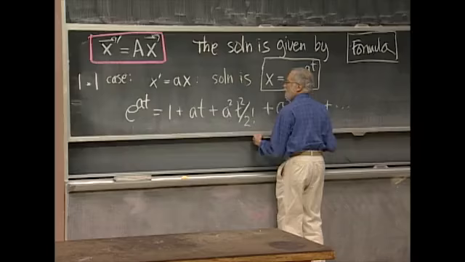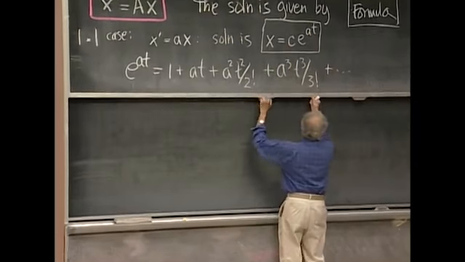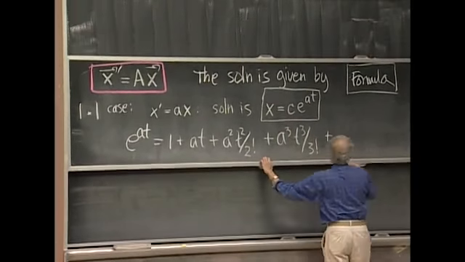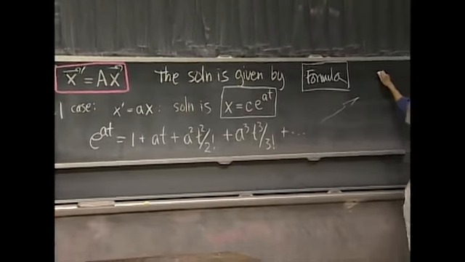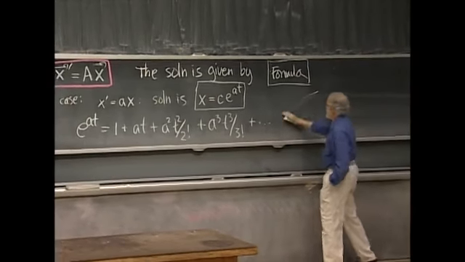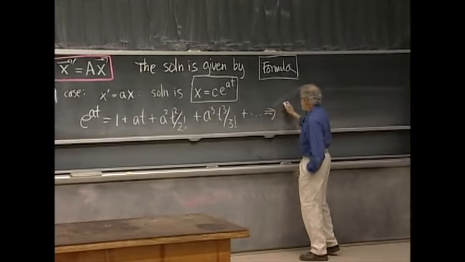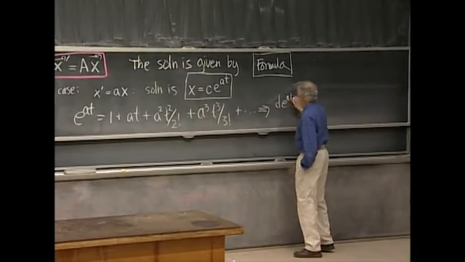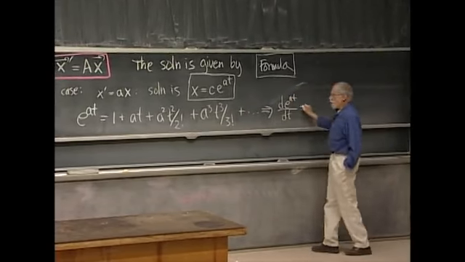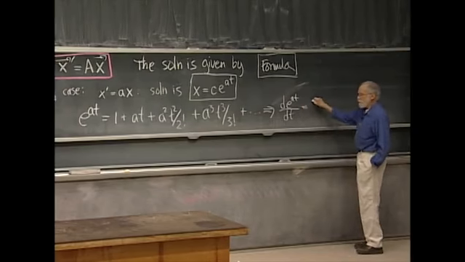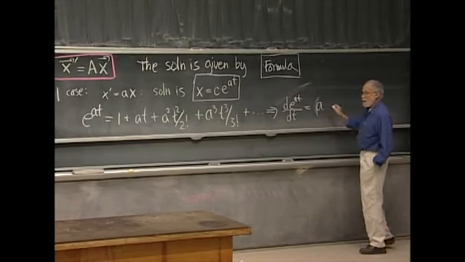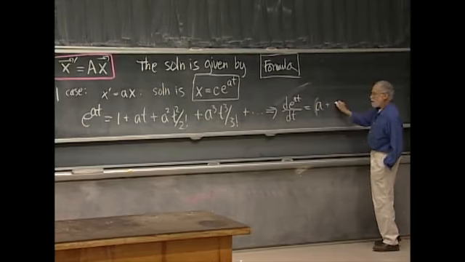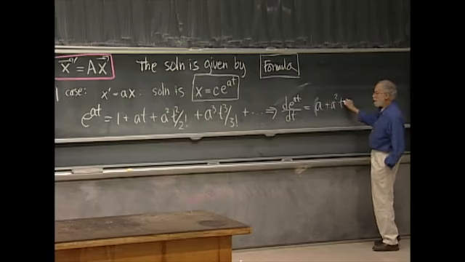If I take this, the argument goes, let's just differentiate it. In other words, what's the derivative of e to the at with respect to t? Well, just differentiating term by term, it's 0 plus the first term is a, the next term is a squared times t.